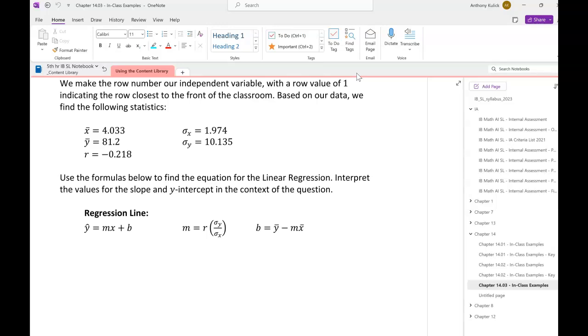Test score. It's negative. So test scores go down by 1.1. You can just say 1.1 if you say go down, right? Go down by 1.1 for each row you move further back. Yeah.